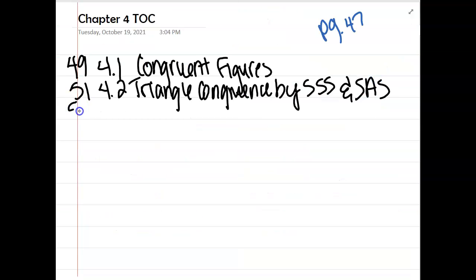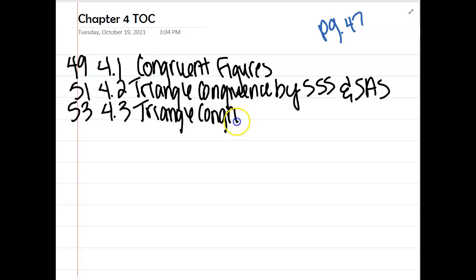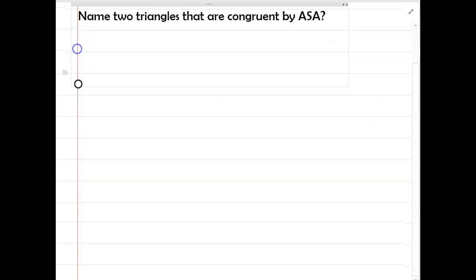All right, let's get this glued into your notebook. This should be page 53, section 4.3, triangle congruence by angle, side, angle, and angle, angle, side. Okay, number 1. Our given.